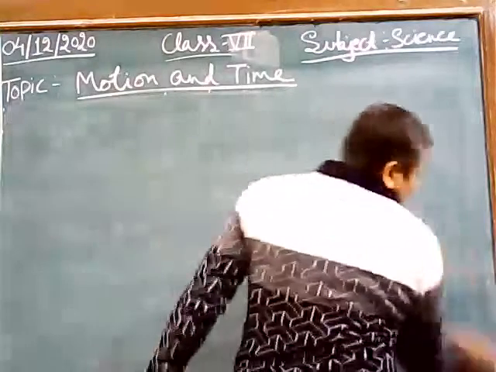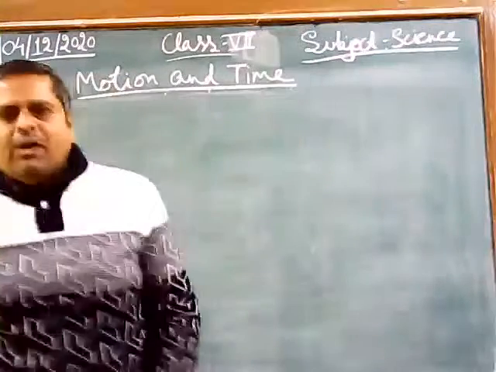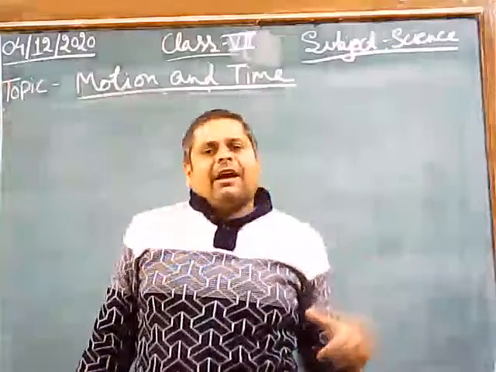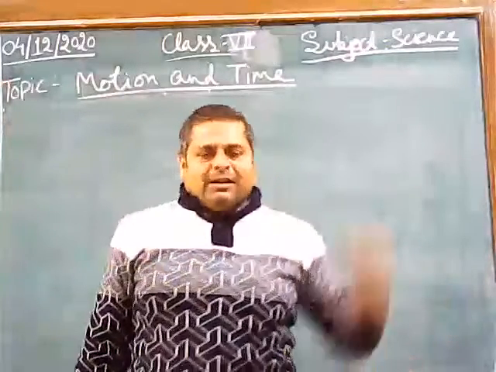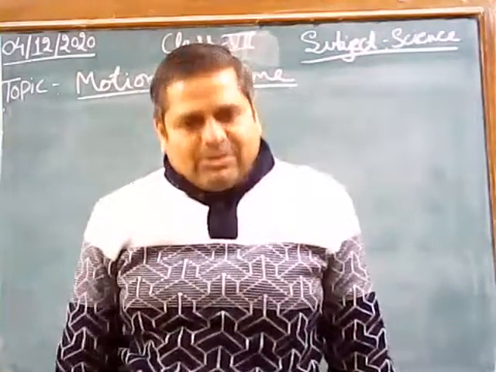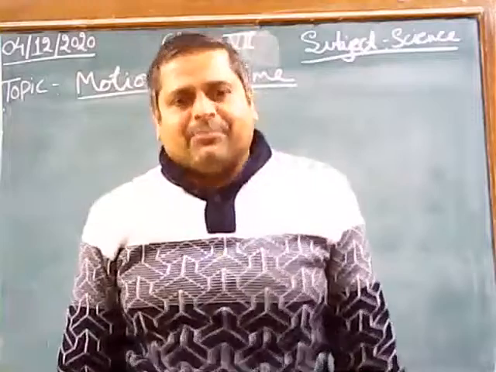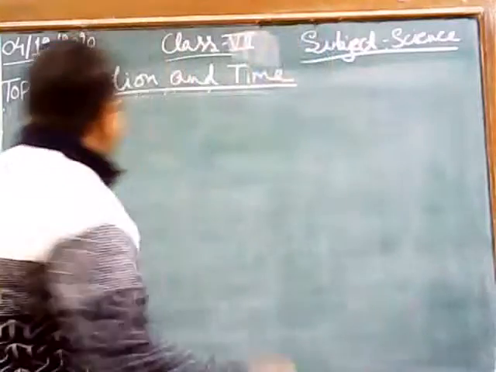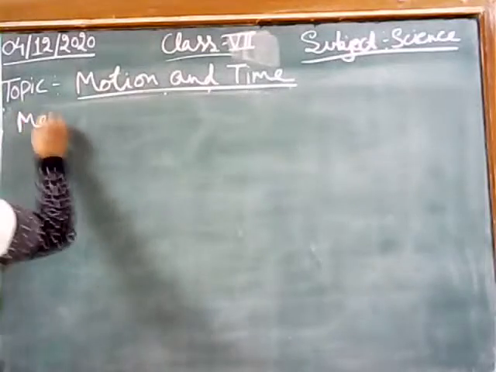In the morning, the shadows are longer, and in the evening, the shadows are longer. But at noon, the shadows are short. So depending upon the length of the shadows, ancestors used to find the time, but that was not exact. Okay, so measurement of time.